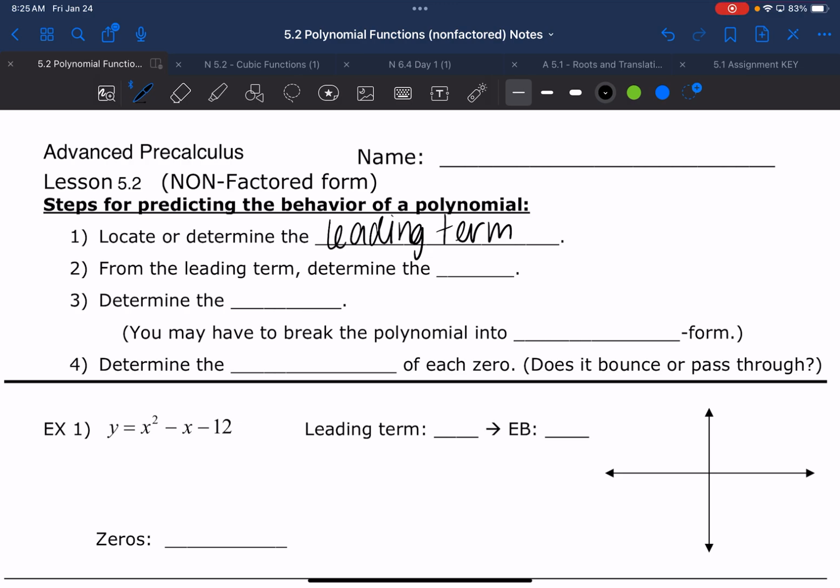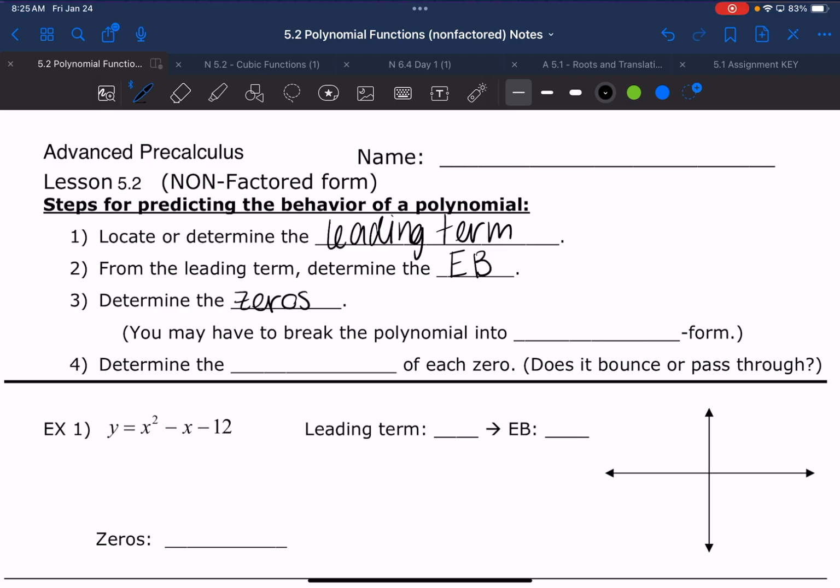So from that leading term, since we can find those two things, we will be able to determine the end behavior. But we also are now going to have to determine the zeros because it won't be in that factored form given to us.